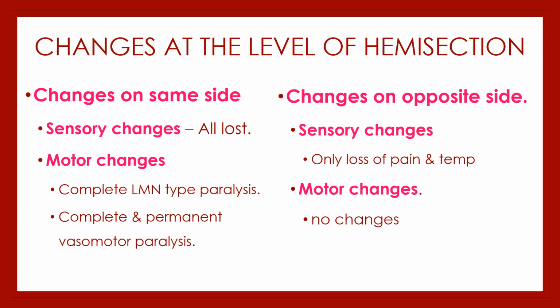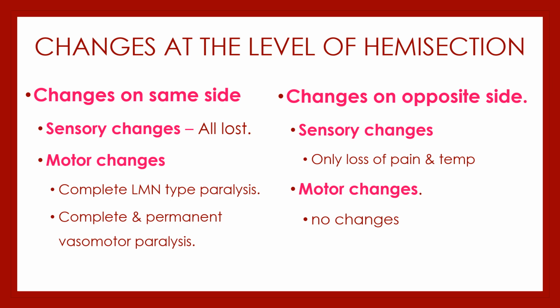And then the motor changes at the level of the hemisection. Here there will be complete lower motor neuron type paralysis due to the damage to the anterior horn cells. So there will be flaccid paralysis of muscles. All the reflexes are lost, muscle power is lost. So there will be muscle wasting.